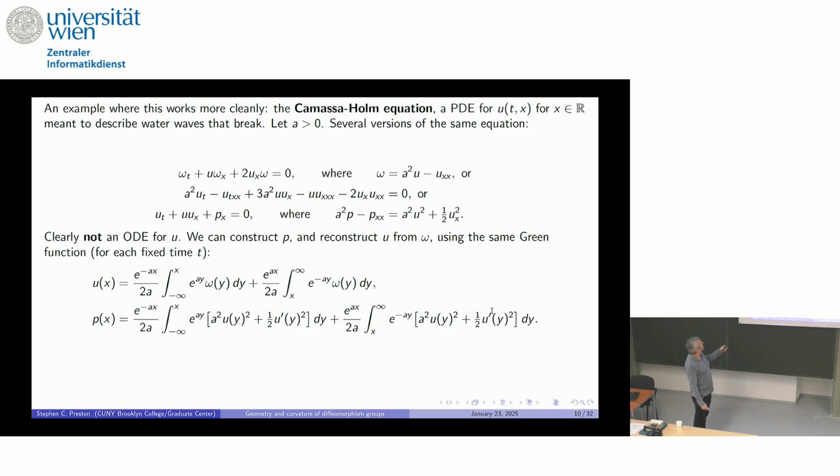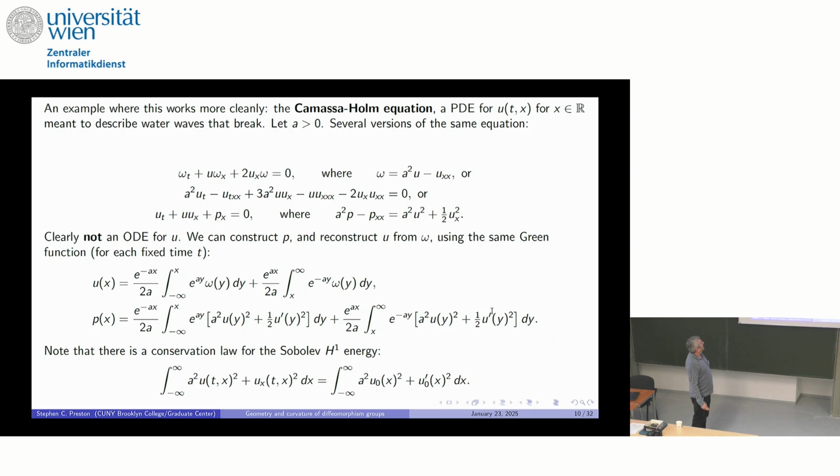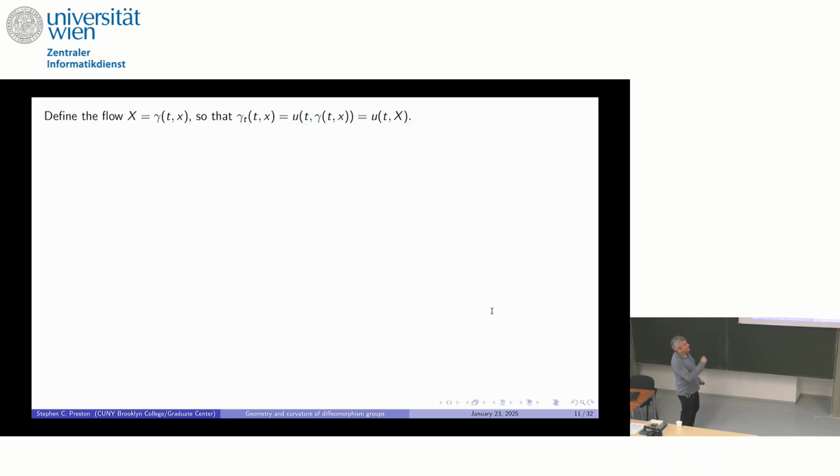And what I notice here is I have some actual PDE behavior. I would like to turn it into an ODE using the particle trajectories. And one thing I'm going to point out, because it's important later, is that there's a conservation law for the H1 energy. You can derive this the same way Anton showed you. Just differentiate this in time, plug in the equation, and watch it be 0.